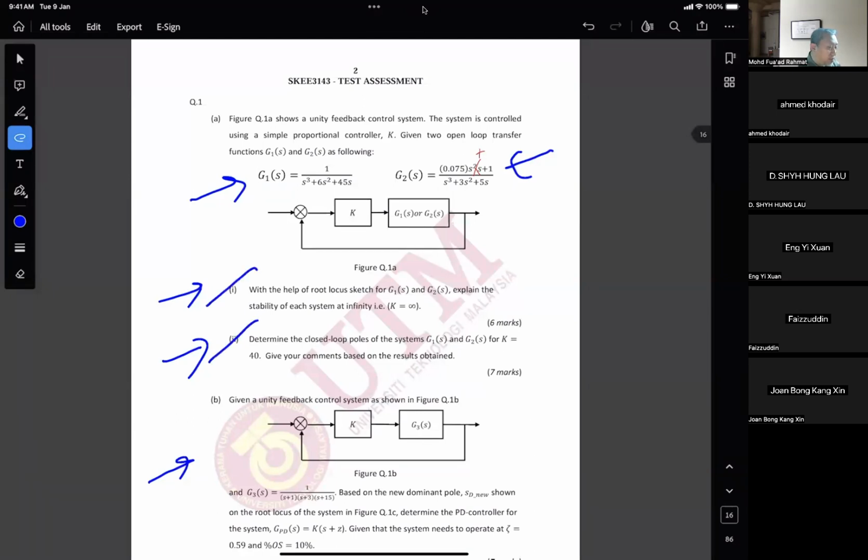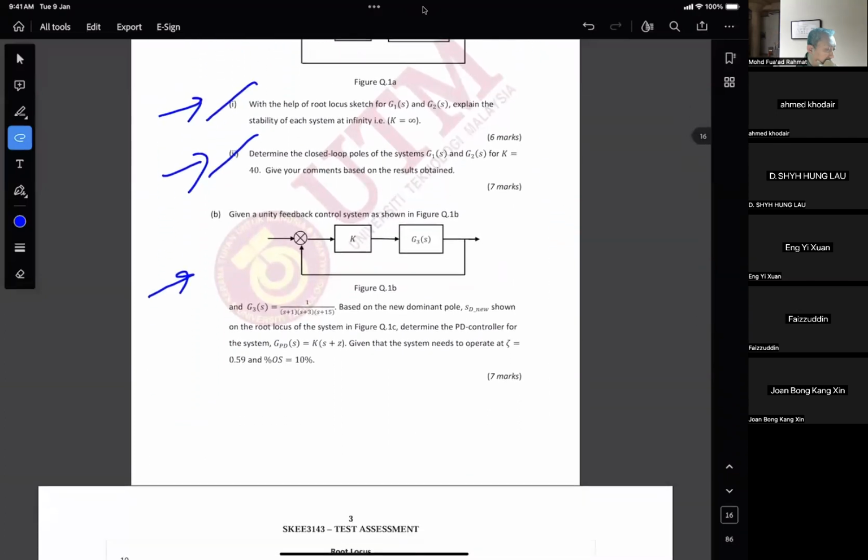Right. So give your comment based on the result obtained. All right, okay. So the next one is this one, G3.